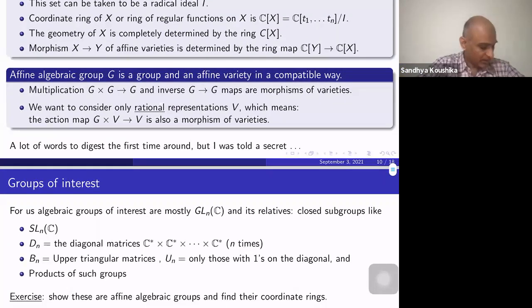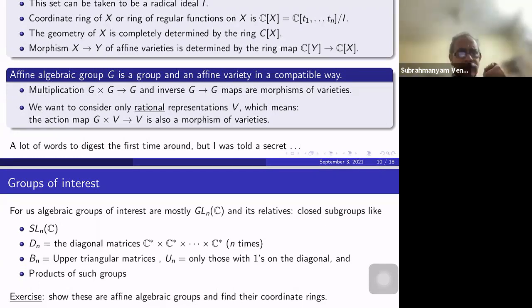Okay. So again, since we made so much noise about coordinate rings, it's not a bad idea to actually write down the coordinate rings of these and really show that the groups that I have listed are closed subgroups of GL_n.